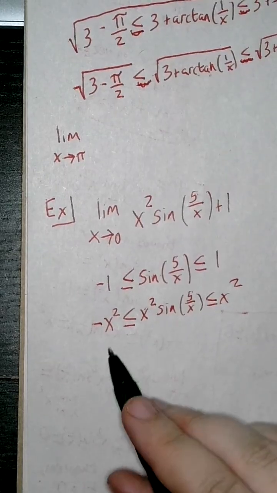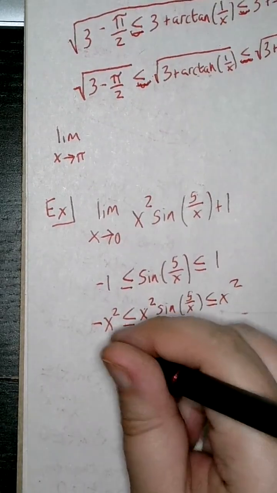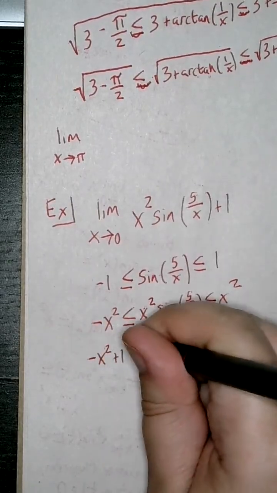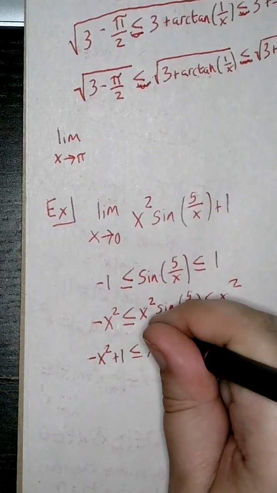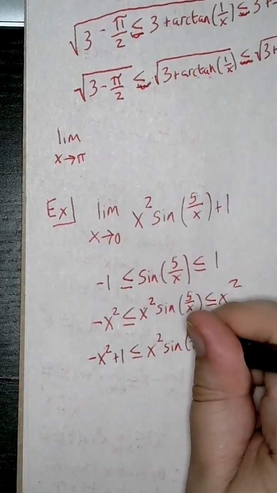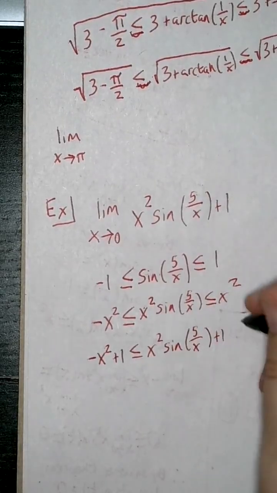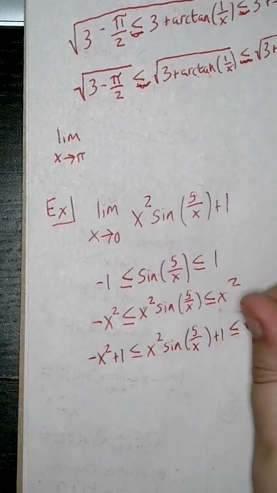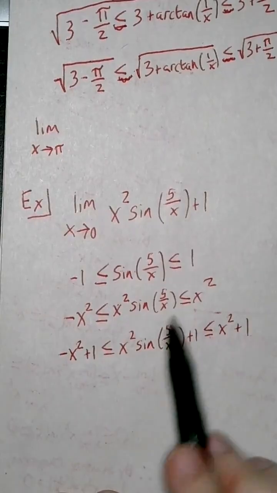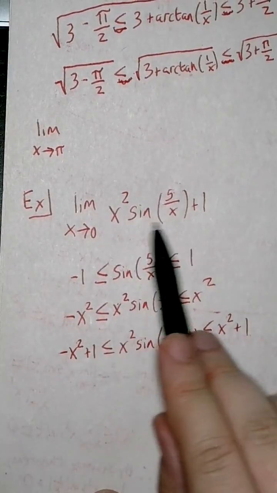So from here, now I'm going to add the 1. So I have negative x squared plus 1 is less than or equal to x squared sine of 5 over x plus 1, which is less than or equal to x squared plus 1. So now from here, does my middle match this?